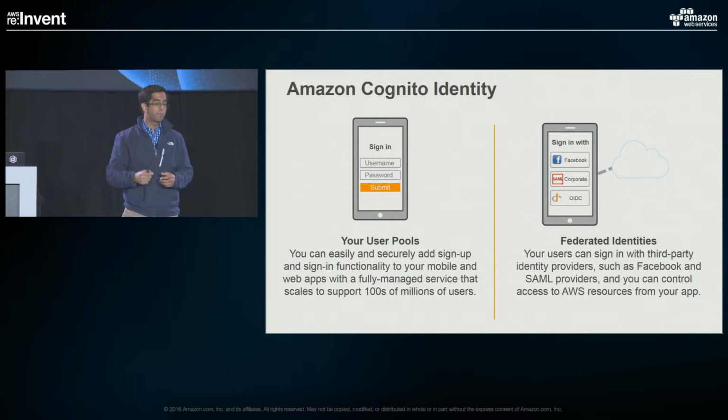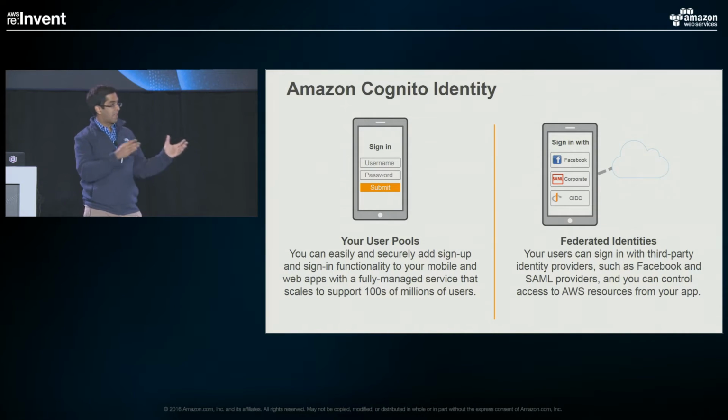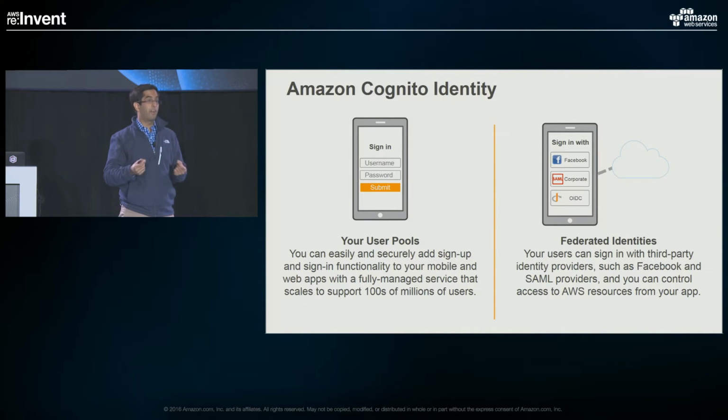Now, in terms of how the service breaks down in terms of that framework, your user pools is meant to be your own identity provider. So it covers the user provisioning and the user authentication. In terms of the authorization layer, you have two options that are native to AWS. The first is native to Cognito, and that is the federated identities functionality. Federated identities essentially serves as an identity broker between any IDP and AWS resources.